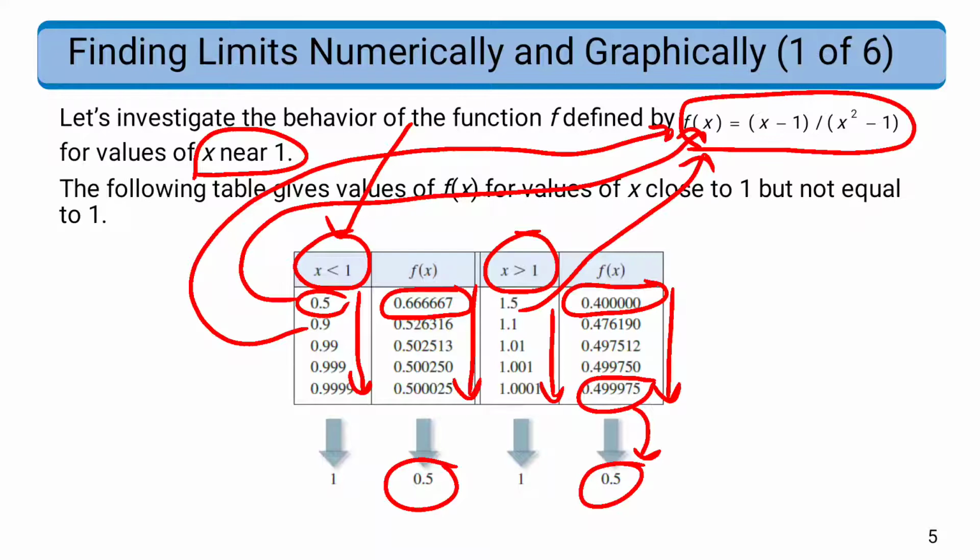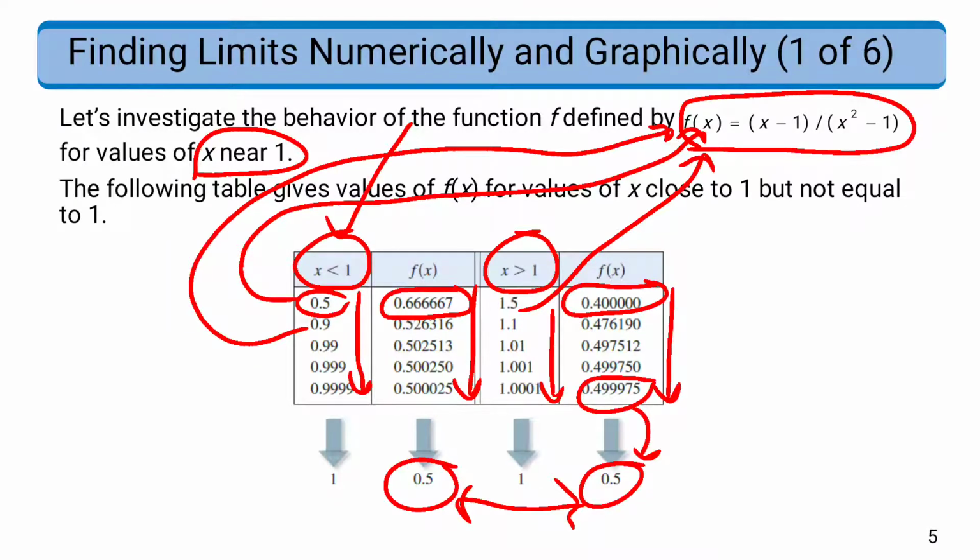So one thing which you should bear in mind, especially in this case, is that we get the same limit as we approach from the left and also as we approach from the right. So you can see we get 0.5 from the left and also from the right. That thing is very important, which we'll talk about later, because it tells us about the existence of the limit.